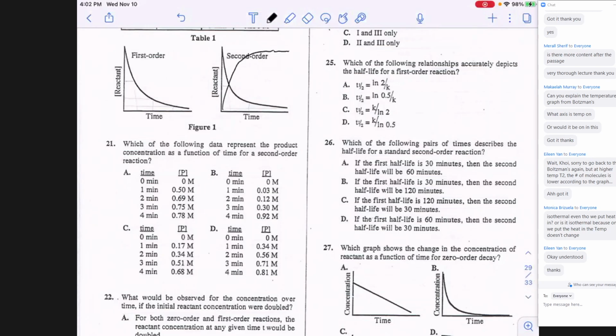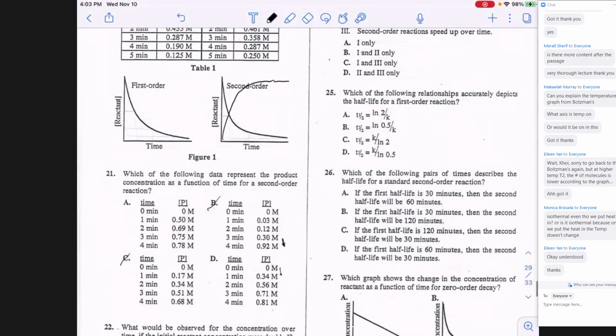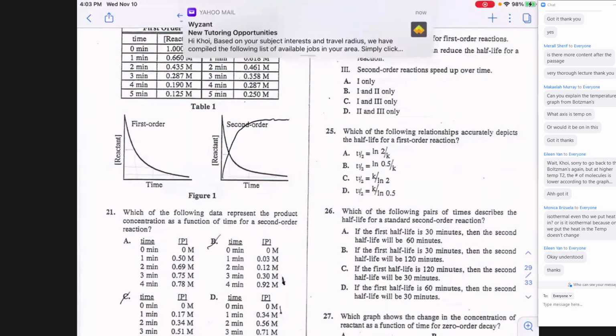It looks like it jumps up. It's pretty steep in the beginning, so it has to have the biggest drastic change. That eliminates C, that eliminates B, right? The drastic change for B happens from 0.3 to 0.9, not at the beginning. This one is slightly at the beginning. And then we look at it relative to the concentrations of your reactants.